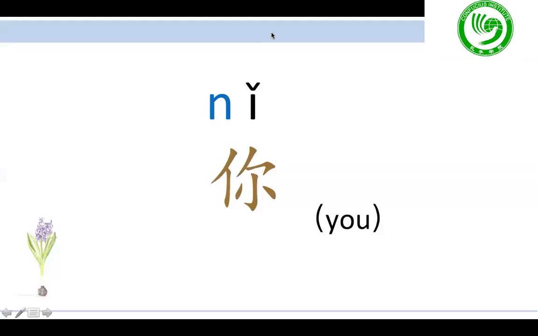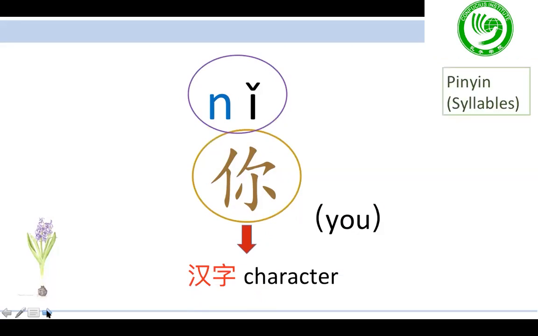Look at here. This is 你, means you. These are the pinyin, and this is the Chinese character. Pinyin has 3 parts.